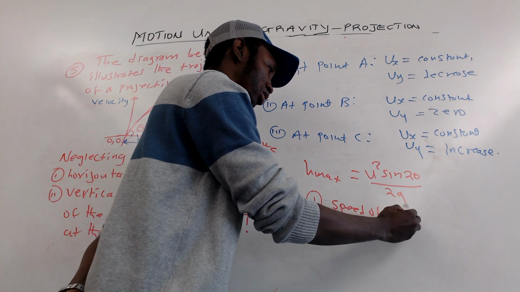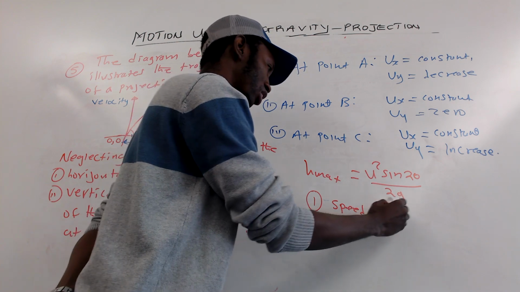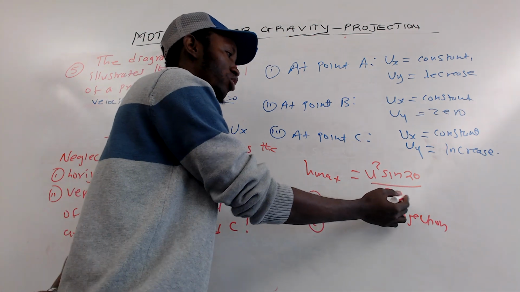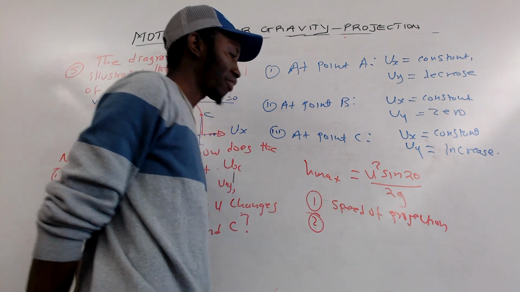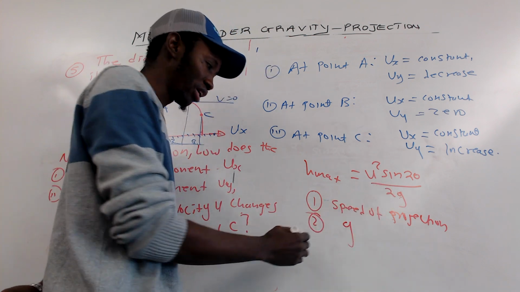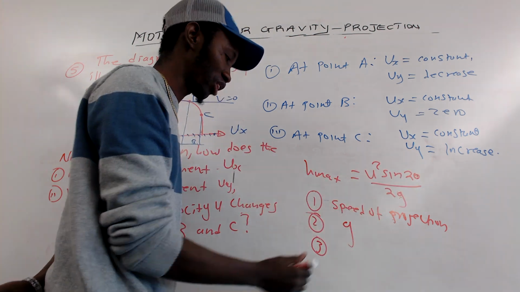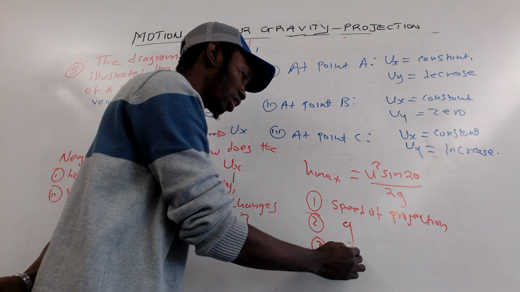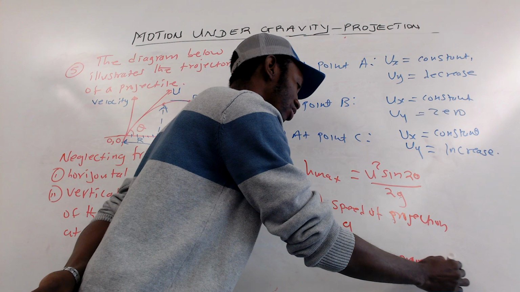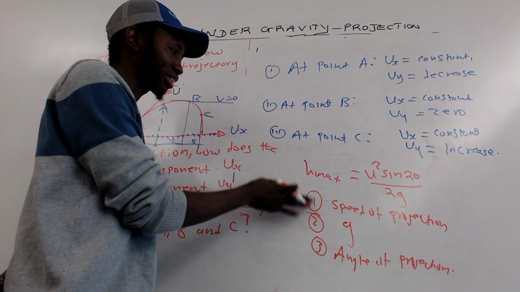This is the first factor. The second factor is the acceleration of gravity, or simply the acceleration of free fall. The third factor is the angle of projection. So speed of projection, angle of projection, and the acceleration due to gravity are the factors that affect the maximum height.